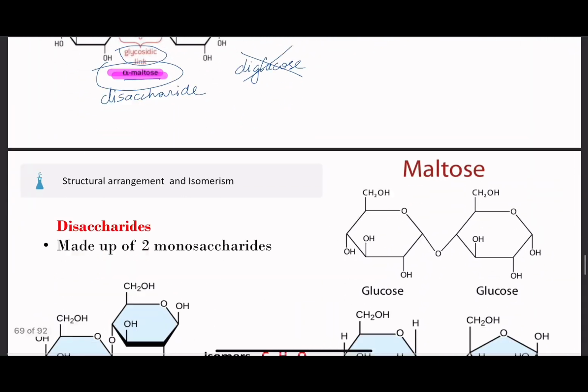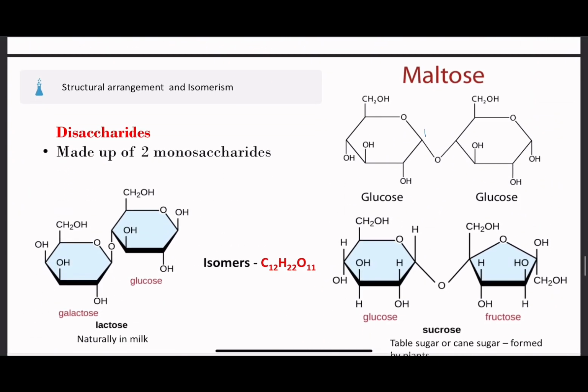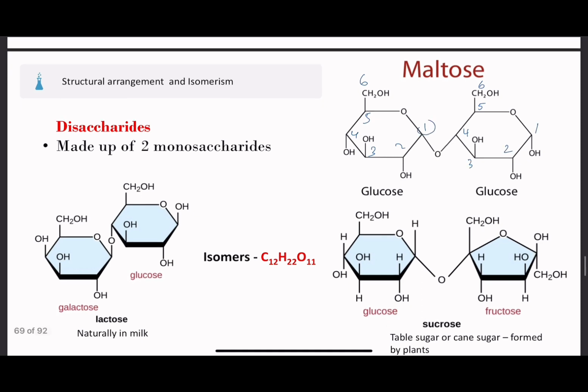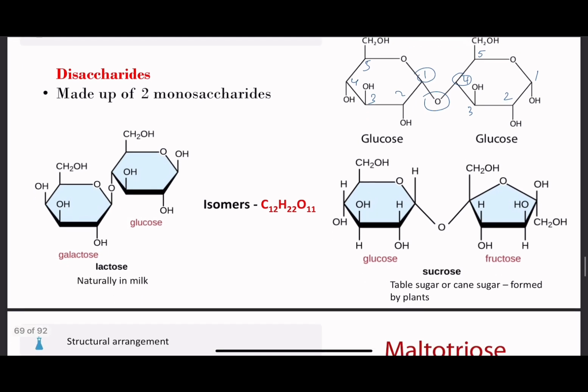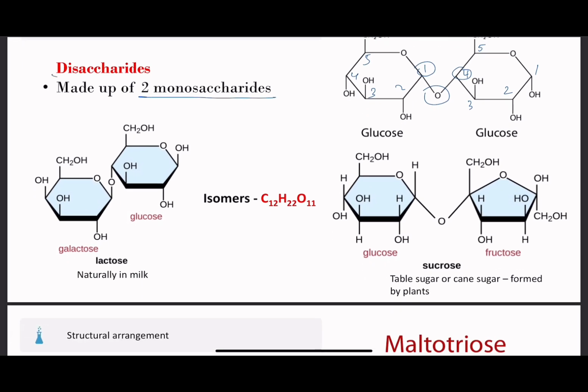Now, in maltose, you see the first carbon and the fourth carbon. If you number it, you would see it. 4, 5, and 6. The same thing in here. This is 5, 6, 3, 2, and 1. The 1 and 4 carbons connect with a glucosidic link. So made up of 2 monosaccharides, they make disaccharides.